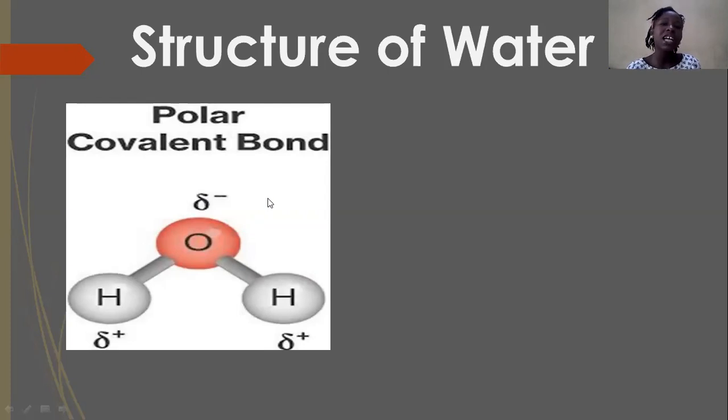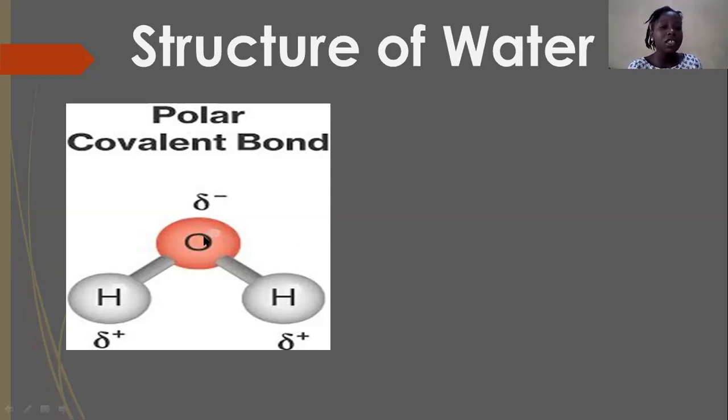Now, water is known as a polar substance because it has partial charges. You know that oxygen is a very electronegative element which attracts electrons to itself. Now, the hydrogen in water, H2O, you can call water the oxide of hydrogen.